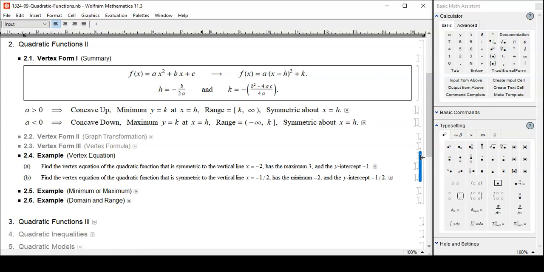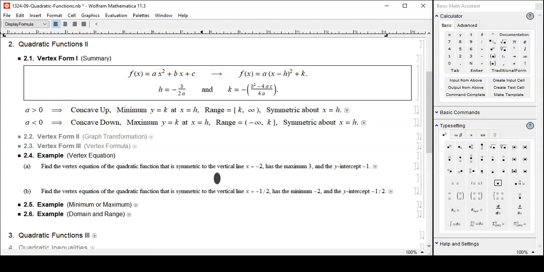Alright, it says vertex equation, so this is what you have to do. Let's look for f of x equals a times (x minus h) squared plus k. The problem said x equals negative 2, that's a line of symmetry, so that must go through the vertex, so h is negative 2. Maximum is k, so k is 3.